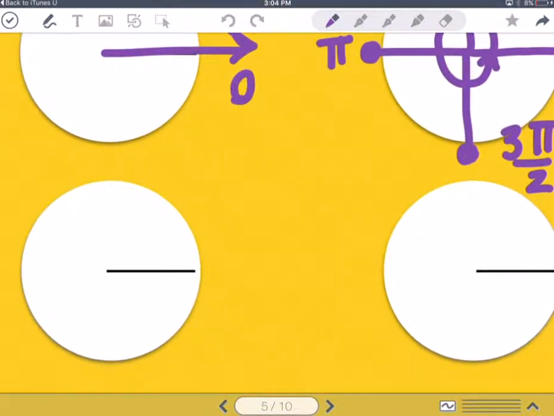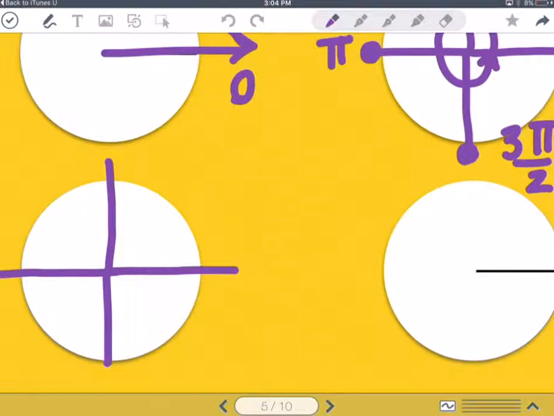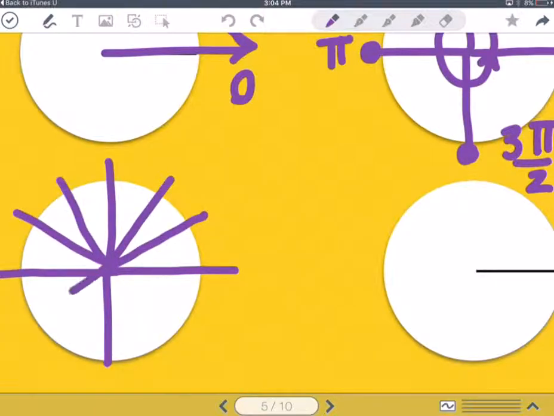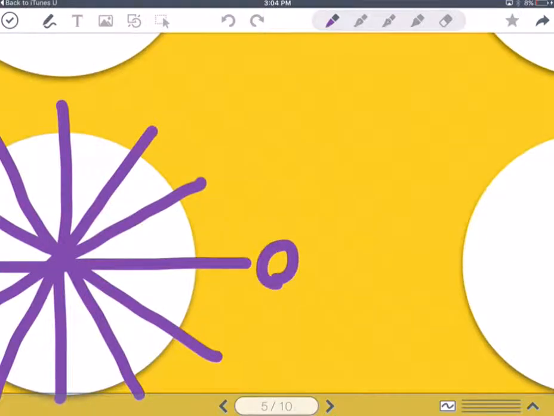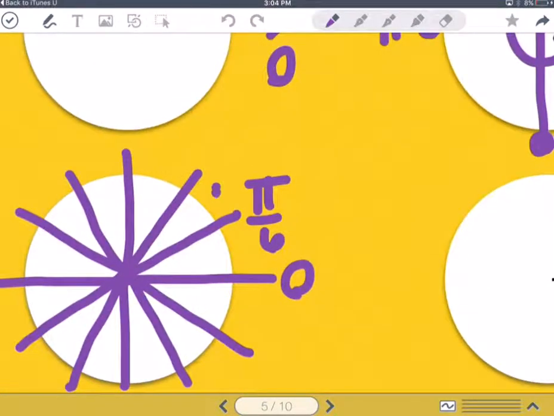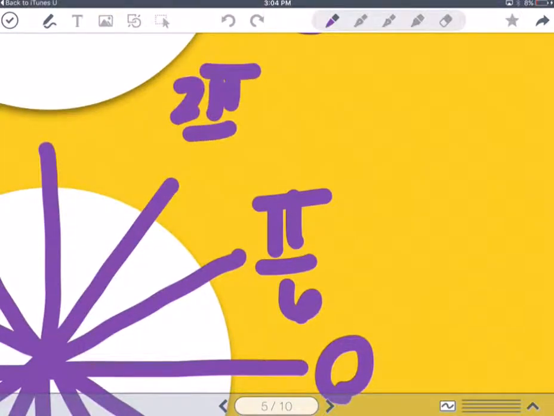The next one is splitting it into sixths. So this one's going to be a little harder to draw. Alright. So you know that you start at 0, pi over 6. This one here is going to be 2 pi over 6, but a nicer way of writing that is just pi over 3.